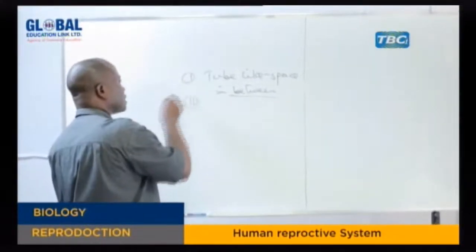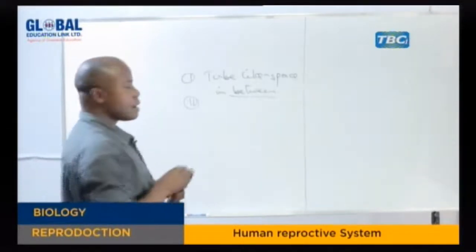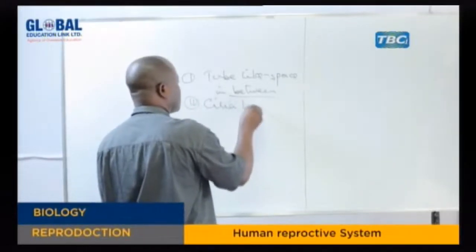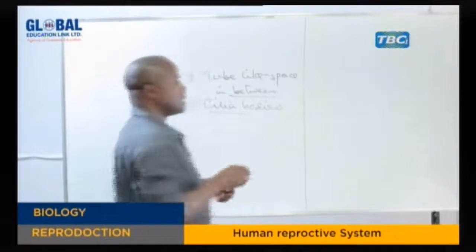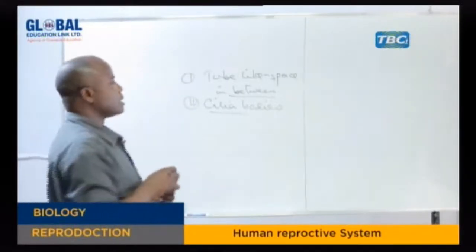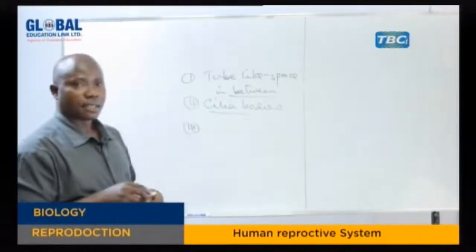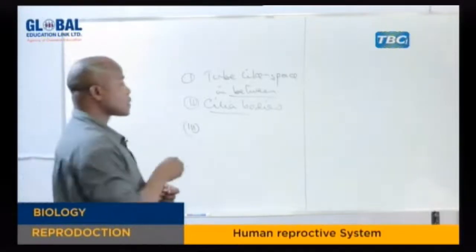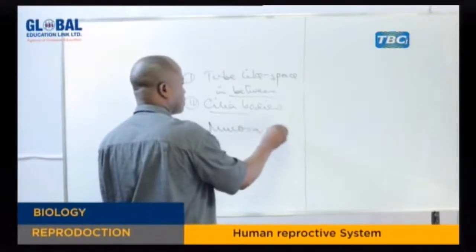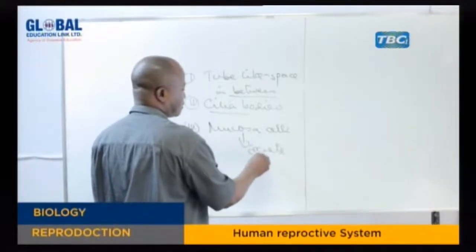But also, the inner part of the fallopian tube has ciliary bodies. These are hair-like structures that line the inner part of the fallopian tube. Third, the fallopian tube also has mucosa cells that secrete mucus.